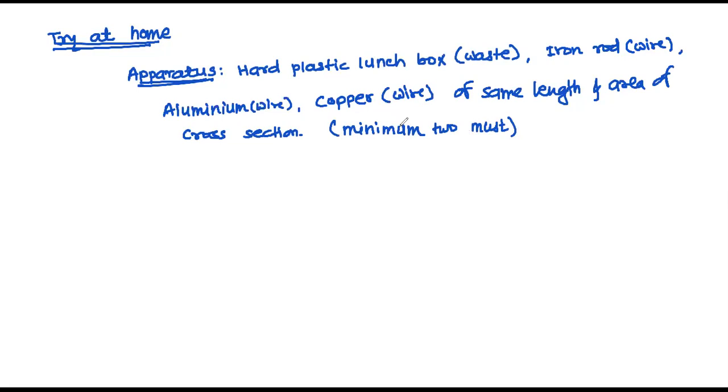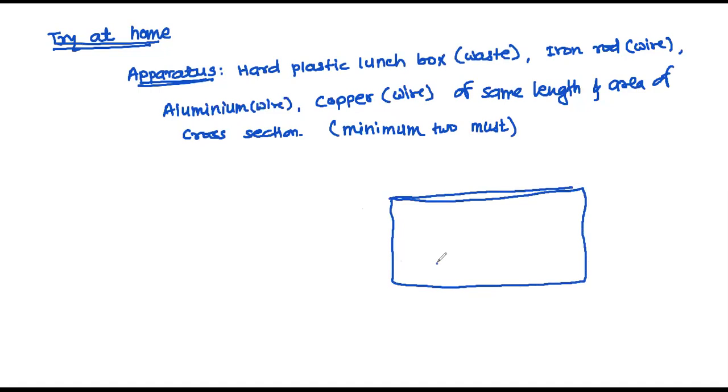Okay, that's it. What you have to do is, see, this hard plastic lunch box, you make 2 to 3 holes in such a way that, even you can make at the bottom, but keep in mind that whatever the diameter of your rods is, that much only you make the holes, and you make arrangements so that water should not leak on that rod.